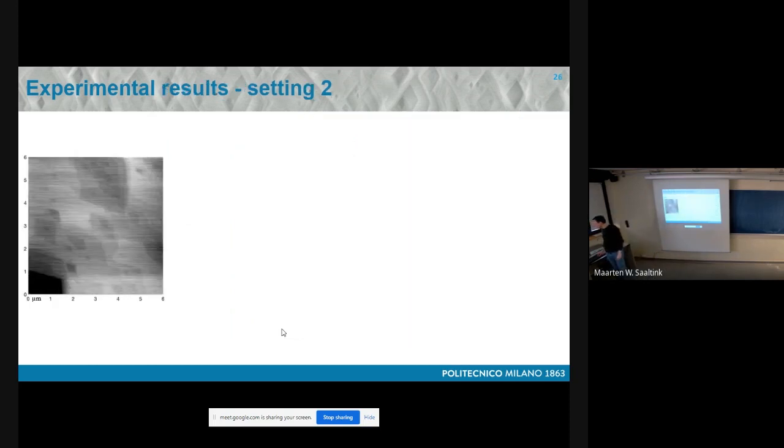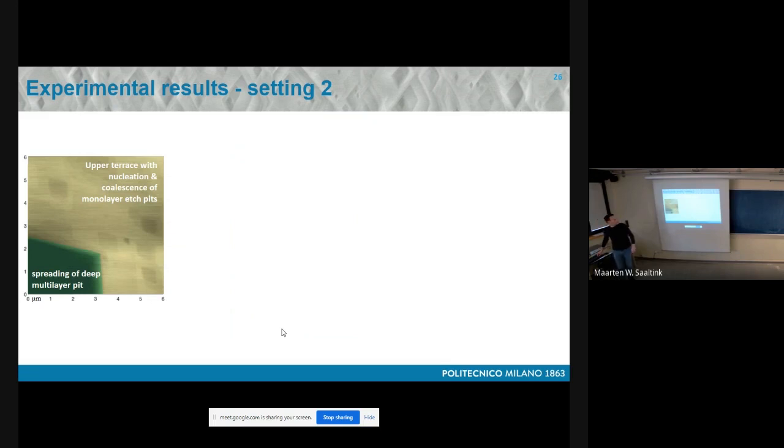So in essence, at a given time you can recognize two regions in the system. One region, at least in this case, is a pit, and another region is basically a terrace.